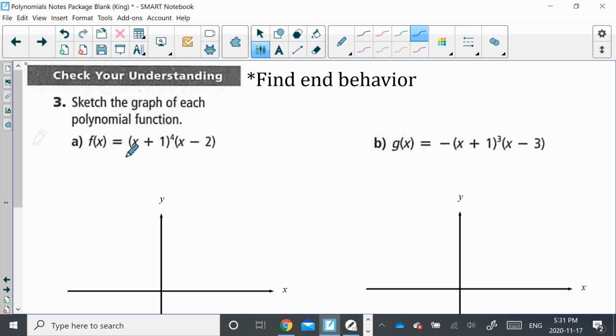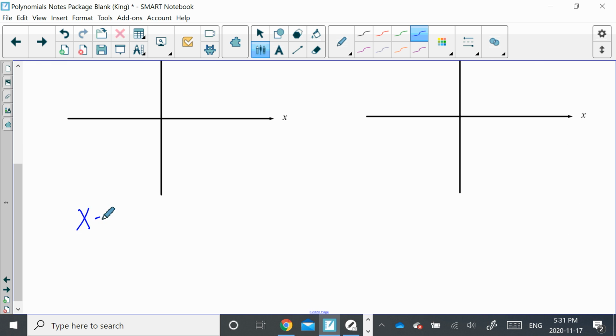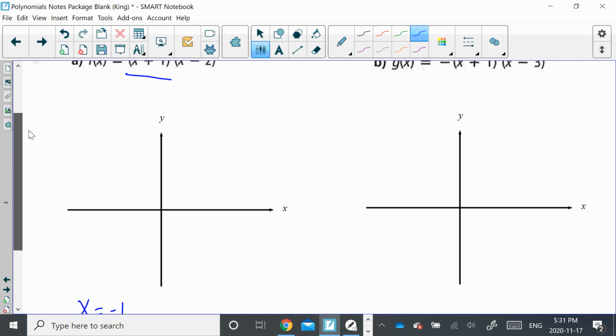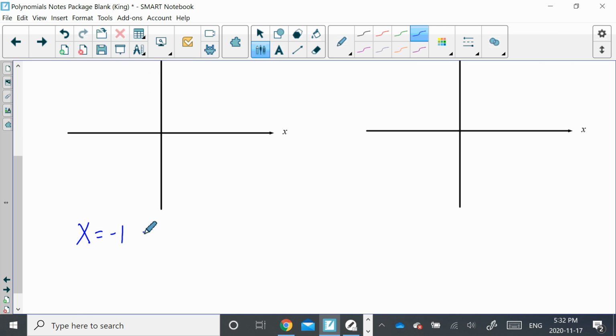So from this factor here, we have a zero of -1. So I'm going to write x is equal to -1. And right now, I'm just going to say what the multiplicity of that is. So the multiplicity of that is going to be 4. And a multiplicity of 4 is going to be tangent.